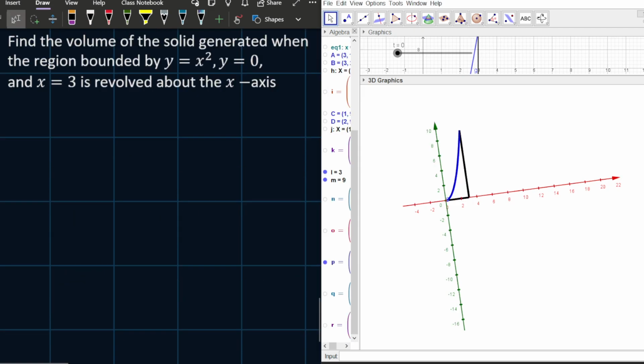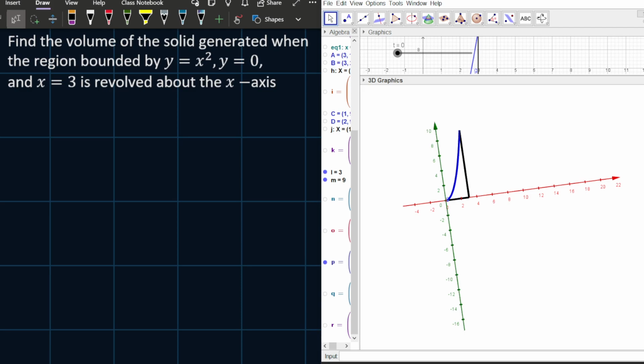Okay, and for our last example dito sa video na to. So this is again one example that we solved in the previous video wherein ang ginamit natin ay method ng discs. Okay, find the volume of the solid generated when the region bounded by y equals x squared, y equals 0, and x equals 3 is revolved about the x-axis.